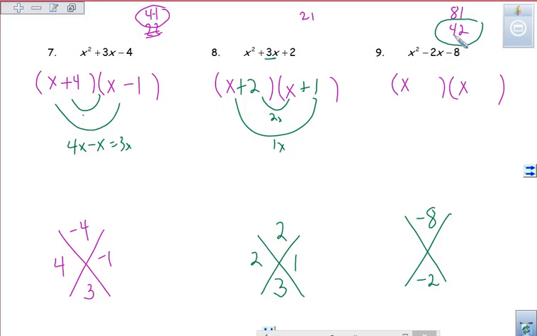So we need a 4 and a 2. So I think we're going to need negative 4 plus 2 to give me a negative 2. Double checking, my insides give me a negative 4x. My outsides give me a 2x. And they combine to give me negative 2x.